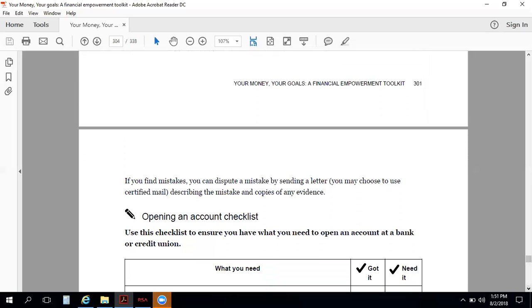An example would be if it says that a client had their account involuntarily closed by the bank, but the client closed it of their own accord and the bank had nothing to do with it. That could be an example of something that the client might want to dispute. And they can write to the company by certified mail, just explaining the inaccuracy on the report and asking them to fix it.